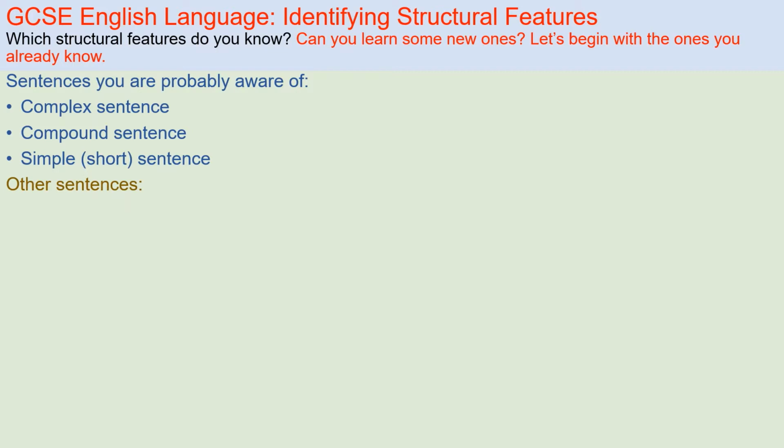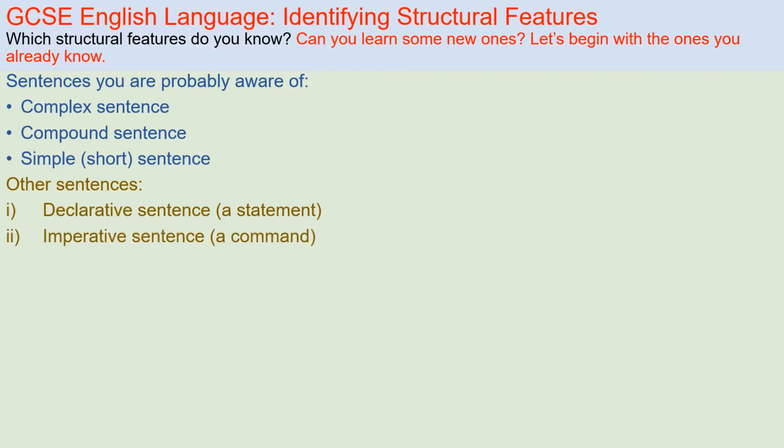However, there are some other sentences which are also important. A declarative sentence just means that you declare something, it's considered a statement. It is very important when we are analysing structure in a text.